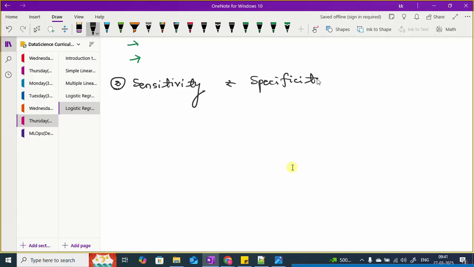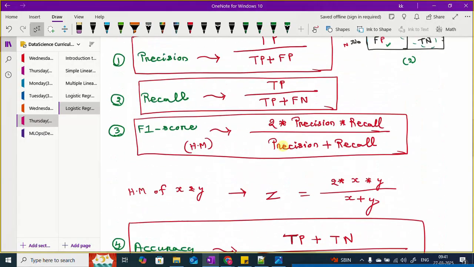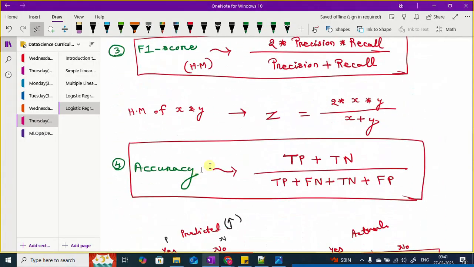So till now we have seen four important parameters: precision, recall, F1 score, and accuracy. Obviously, these four play a very important role in a classification problem to decide whether the model is working fine or is a good fit for the problem. But that alone is not sufficient.